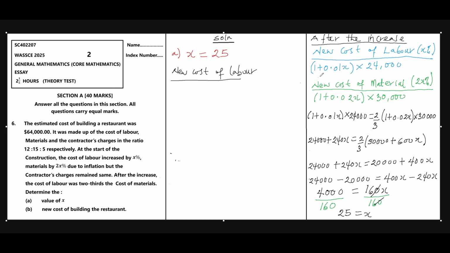This was the expression: 1 plus 0.01x, but we know the value of x is 25. So let's substitute 25 in place of x, multiplied by 24,000.